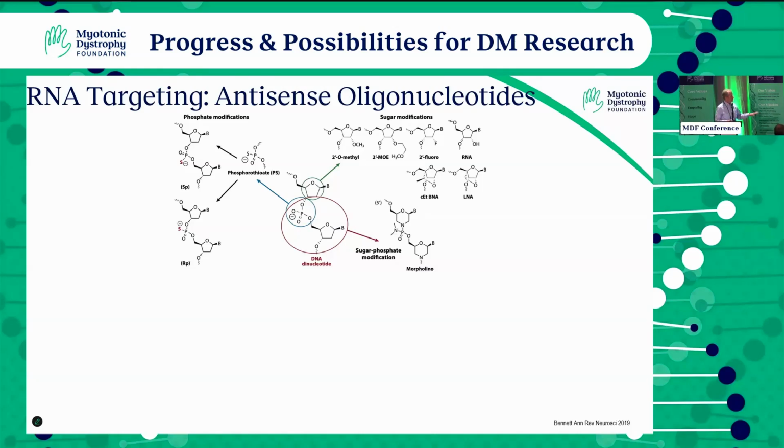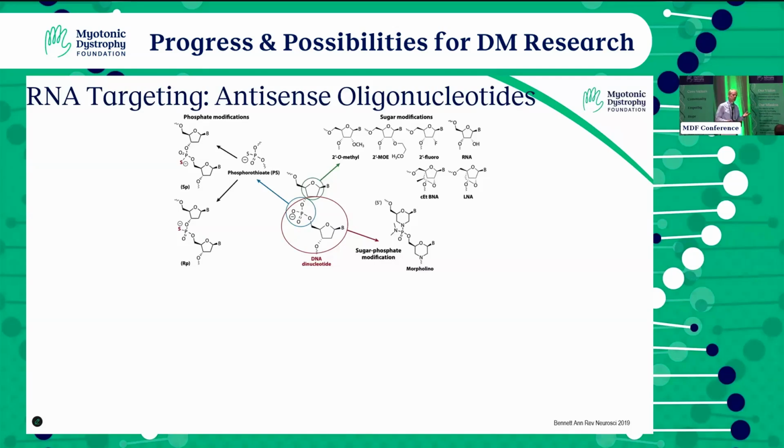Those are all done by phosphate modifications such as phosphorothioate, and sugar modifications, which include 2-O-methyl, 2-methoxyethyl, 2-fluoro-RNA, constrained ethyl, cyclic nucleic acids, and locked nucleic acids. So notice changing the phosphate, changing the sugar, or doing both are effective, as in the case of morpholino.